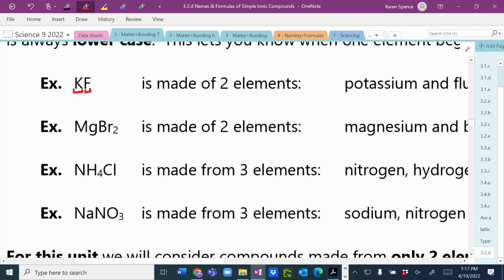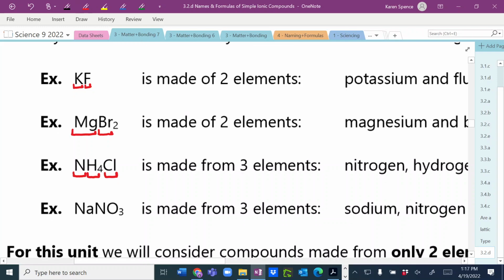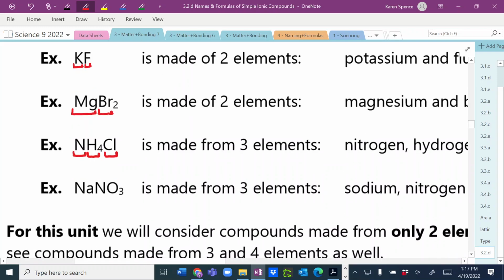How many elements is MgBr made of? 2. How many elements is NH4Cl made from? 3, 1, 2, 3. And NaNO3 is made from 3 elements, 1, 2, 3.